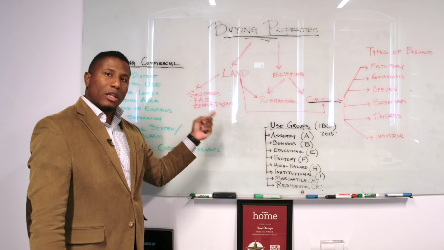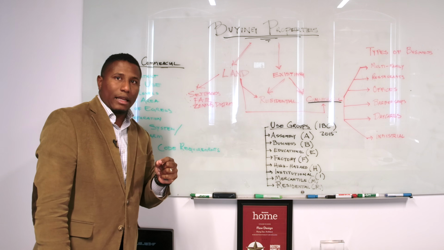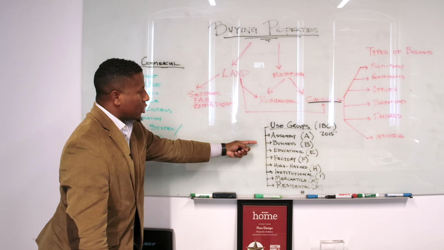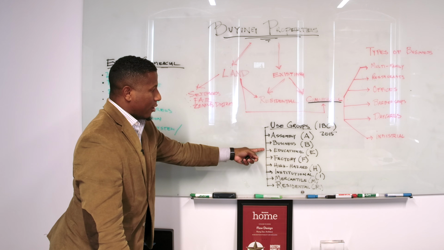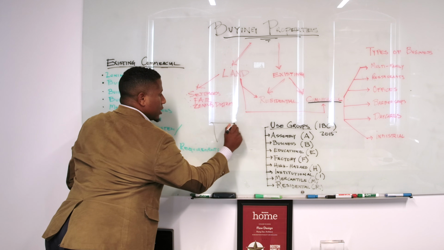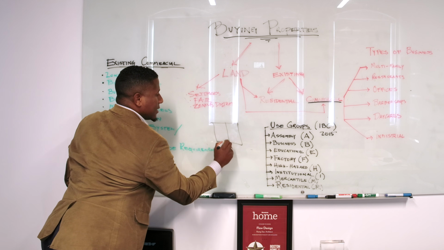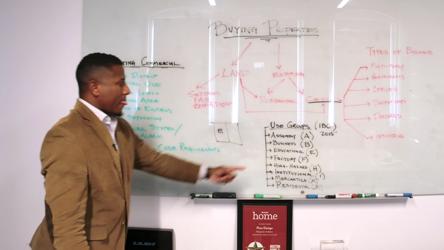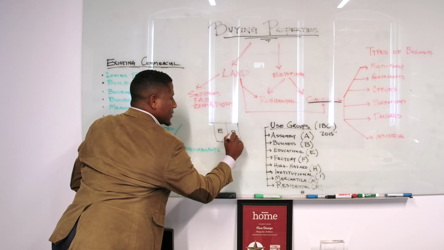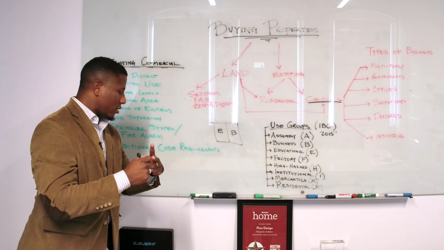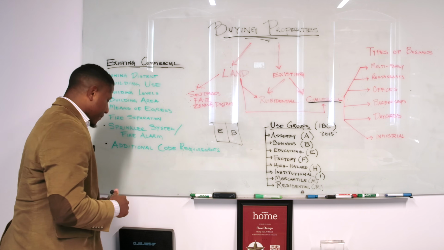So you need to go into the table that specifically talks about fire separation. Let's say you have a building that has educational space on one side and business on another side of the same building. This is a multi-use building, right?